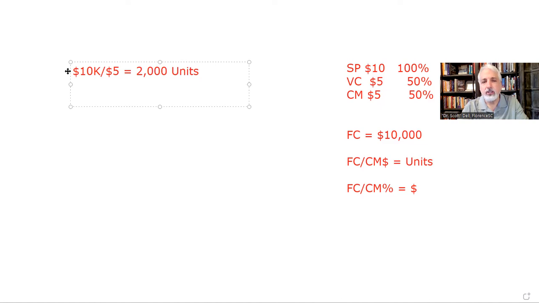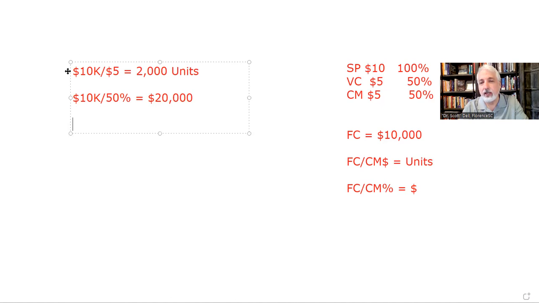Let's try that with a contribution margin percentage. If we divide $10,000 by 50%, or 0.5, we're going to end up with a dollar amount of 20,000.